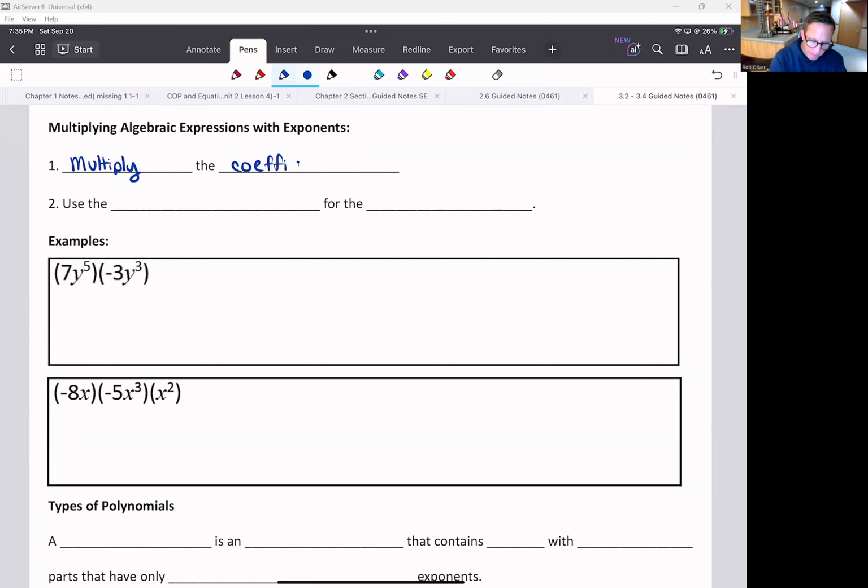Those are the numbers in front of the variable terms. Multiply the coefficients, and then you're going to use the product rule, the thing we just did on the page before, for the like bases, where the bases are the same.